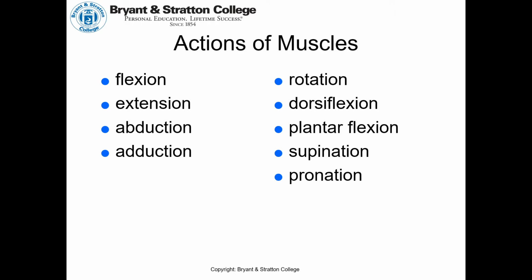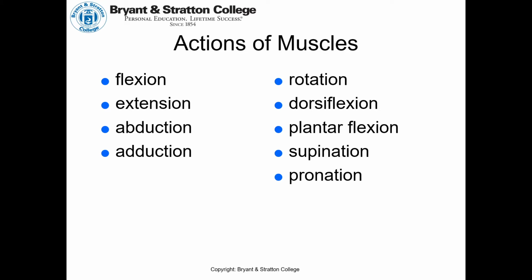Supination and pronation can apply to both the wrist and the ankle. Supination, in the standard anatomical position, is where the palms face up or out. Pronation is the exact opposite, so the palm would face down or posteriorly. With the ankle, we don't typically call it supination or pronation, but inversion or eversion.